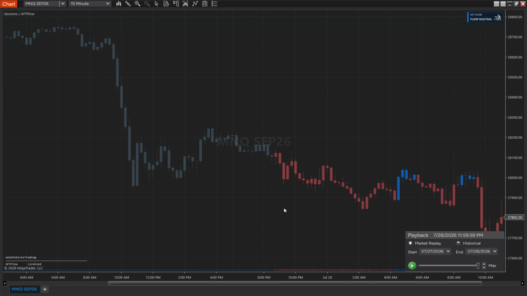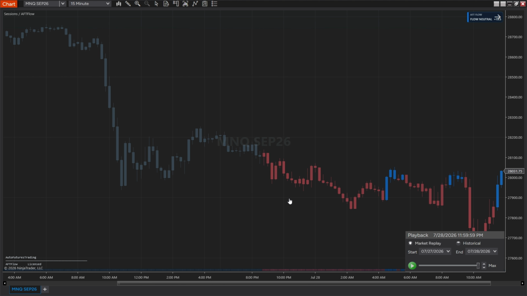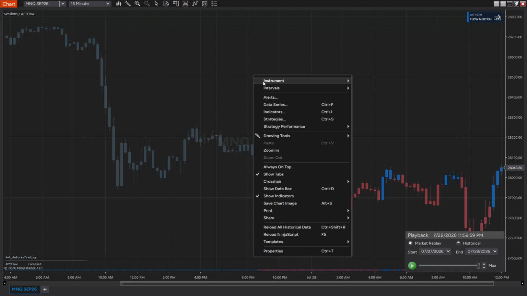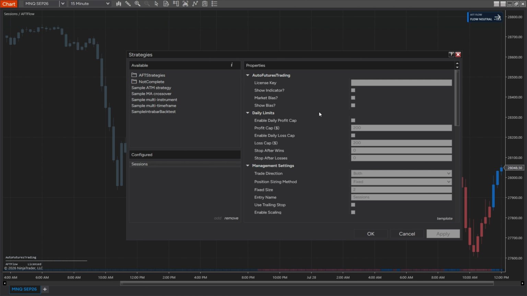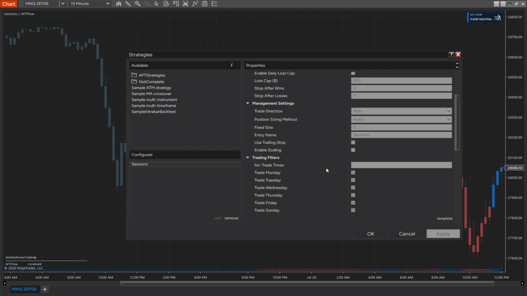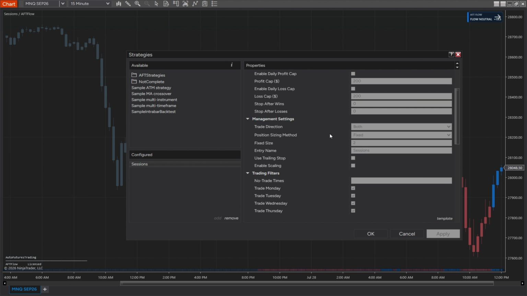When it's used, the strategy measures the distance to its protective stop and calculates a suitable position size, while the max contract setting can be used to keep that amount within your preferred limit. It's the same as the other strategies: you have all the basic settings, daily limits, management settings, and the filters. This is more of a closed book strategy, but as I was mentioning, it's based on sessions, and that's what we can say for now.